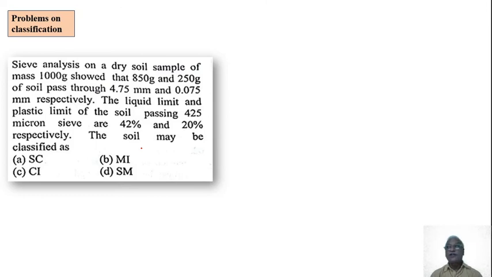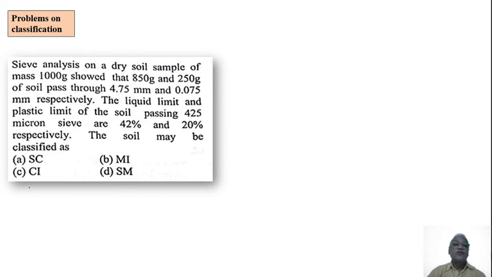That means there is an appreciable amount of clay or silt. Because of that, it will be a silty or clayey kind of classification. And the percentage of sand is 850 minus 250, around 60%.